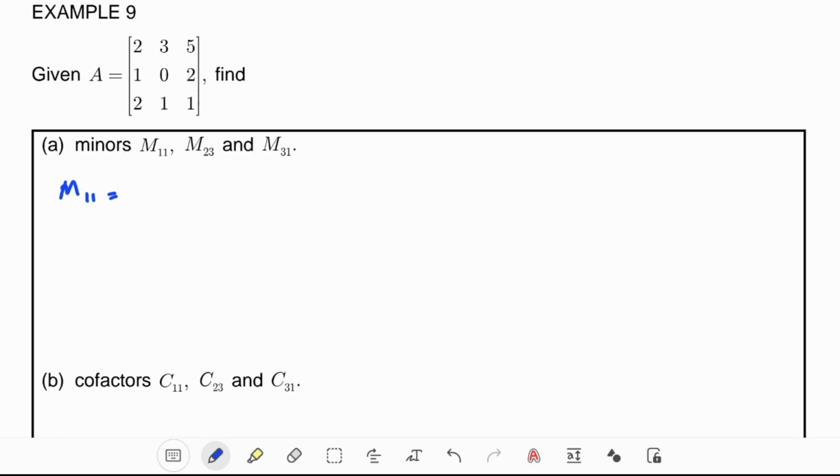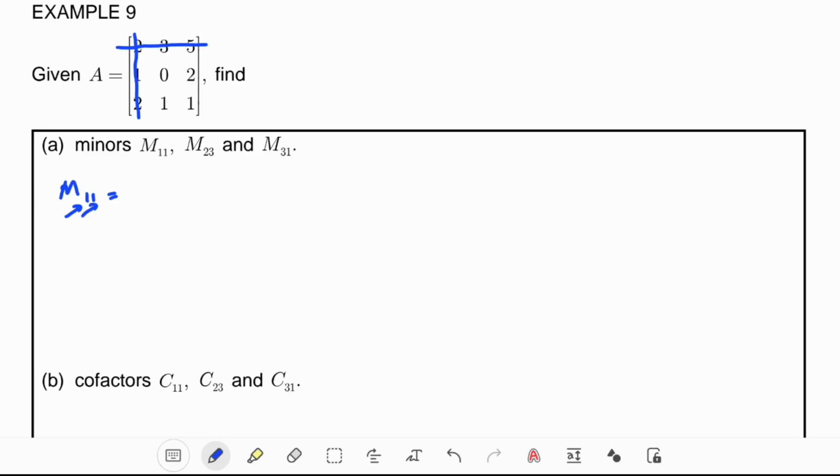So how are we going to delete the rows and the columns? Just refer to the question itself. If the question asks for M11, it means that you need to delete the first row and the first column. Now we can notice the remaining entries are just 4, which form the 2 by 2 matrix.